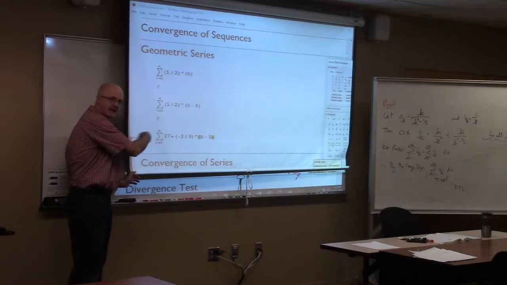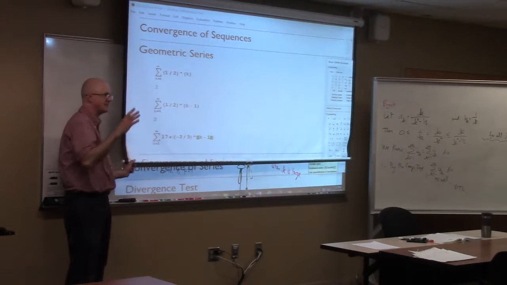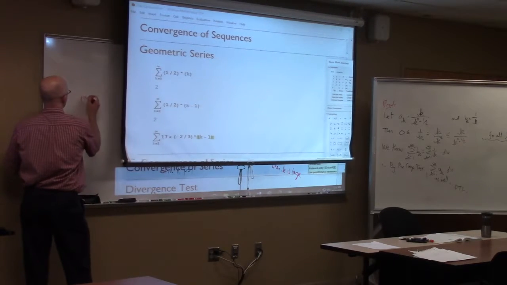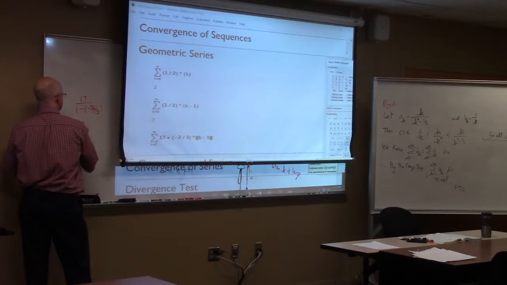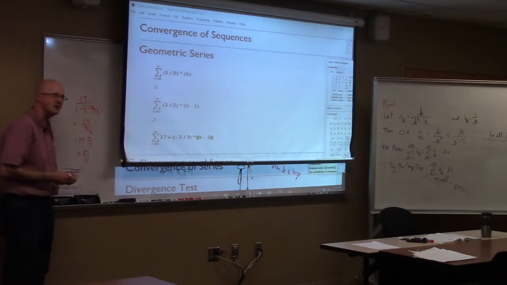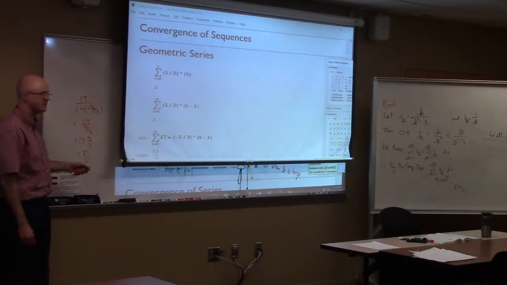This x is between -1 and 1, it's -2/3. What's a over 1 minus x? It would be 17 over 1 minus -2/3, which would be 17 over 5/3, which would be 17 times 3/5, which would be 51/5 is the answer, 10.2. Let's see if we get that. Yep, 51/5.